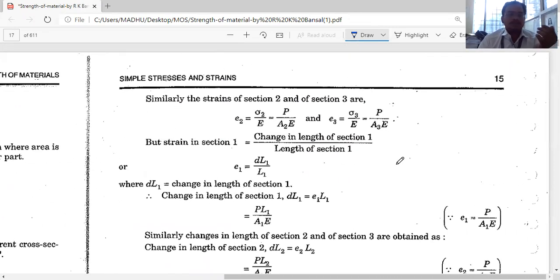For section 2 and section 3, e2 is equal to sigma 2 by E, equal to P by A2E, and e3 is sigma 3 by E, P by A3E.